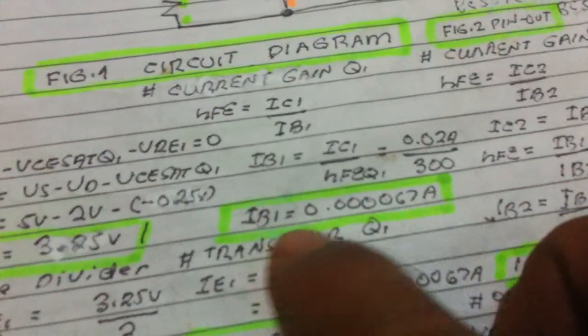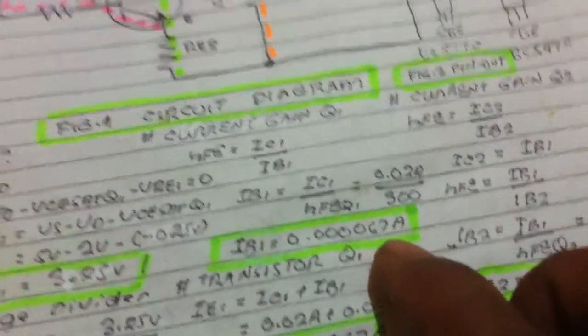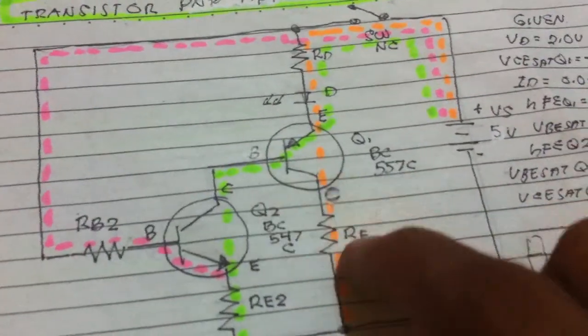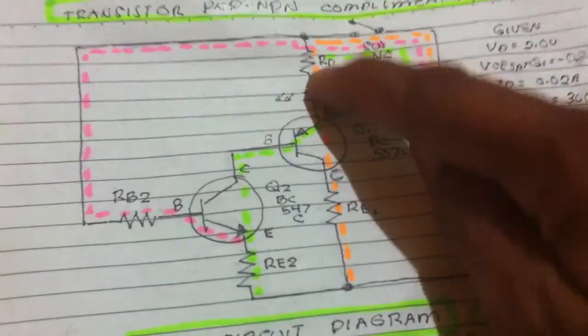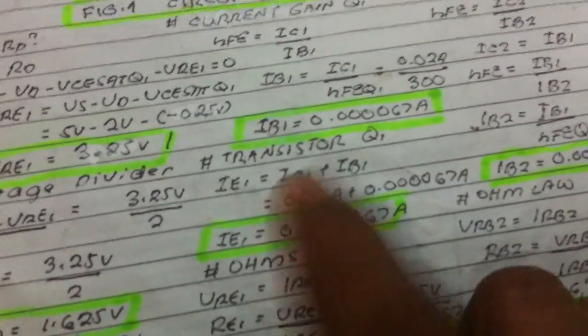So we now get the base current IB1, and we have the transistor formula for that. IE is equal to IC plus IB. We know IC1 and IB1, so we get IE1, which is IC1 plus IB1.